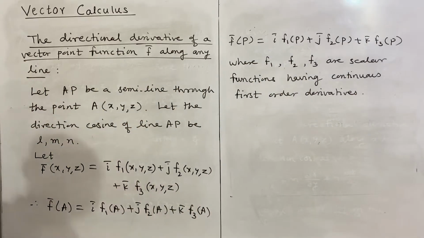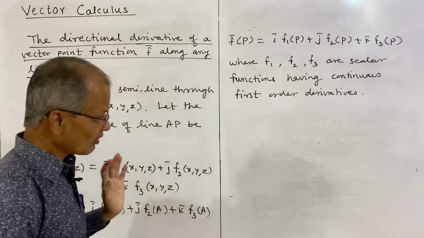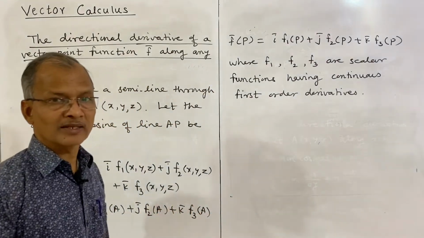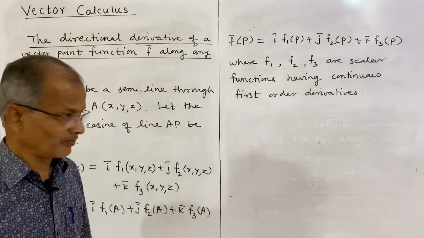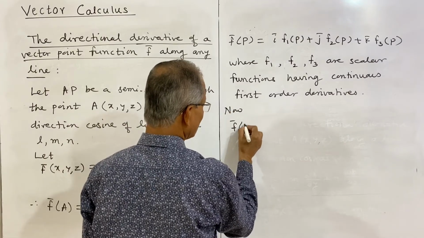And now to obtain the directional derivative, what we need is f bar P minus f bar A divided by AP, and then its limit.